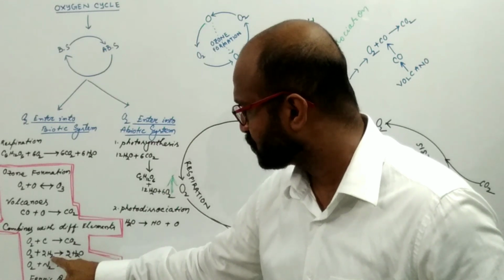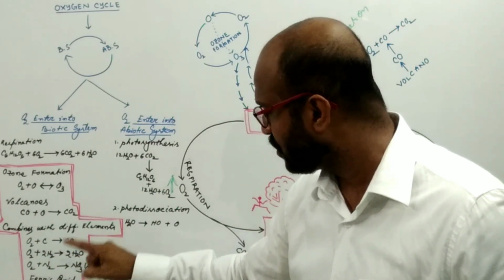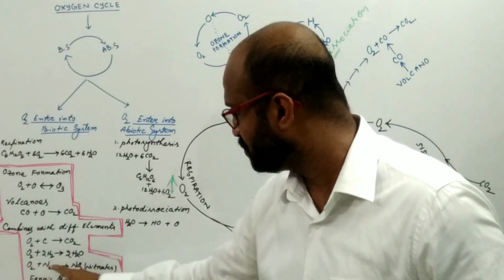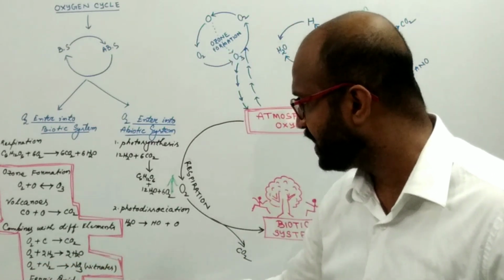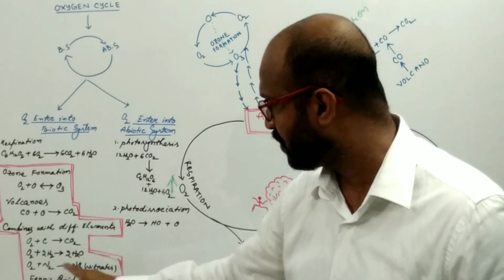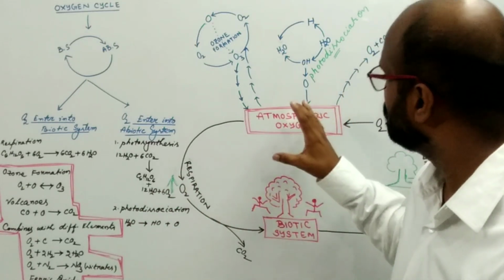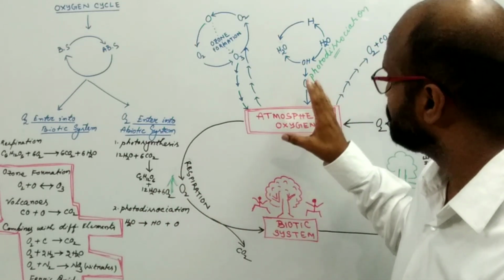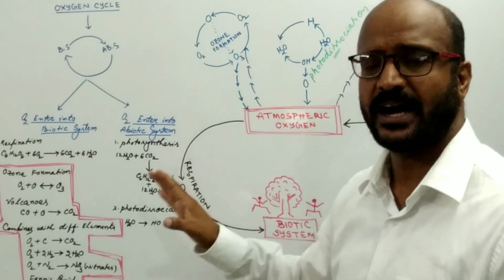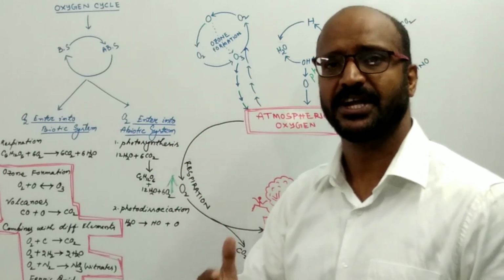Some oxygen combines with hydrogen to form water, H2O. Some combines with nitrogen to form nitrates. Some combines with iron to form ferric oxide. So oxygen reacts with different elements and forms oxides that are present in nature.